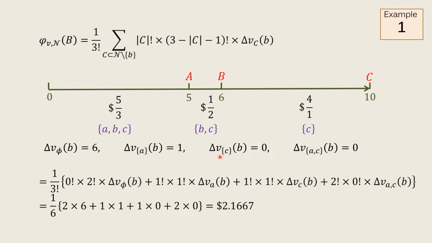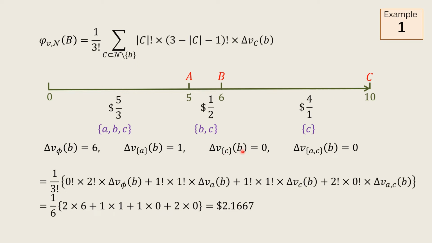Now let's consider c. c alone would have to go all the way here so that the taxi fare would be $10. If b joins the coalition, then it's bc now. b is dropped off at this point, and the taxi still has to go all the way here. The fare is still $10, so the difference is 0. b contributes no increment to the total fare by joining c.